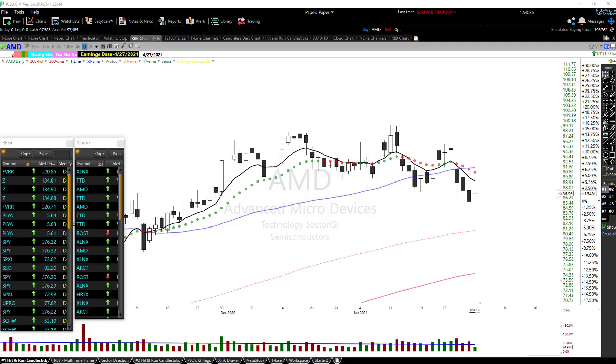Now, how I would trade this differently, in my mind anyway, is I would wait for this to move up. And then I would wait for that sell signal to come in there. And then that's where I might enter this trade as a short trade. Now, nothing says that something like this can't turn.